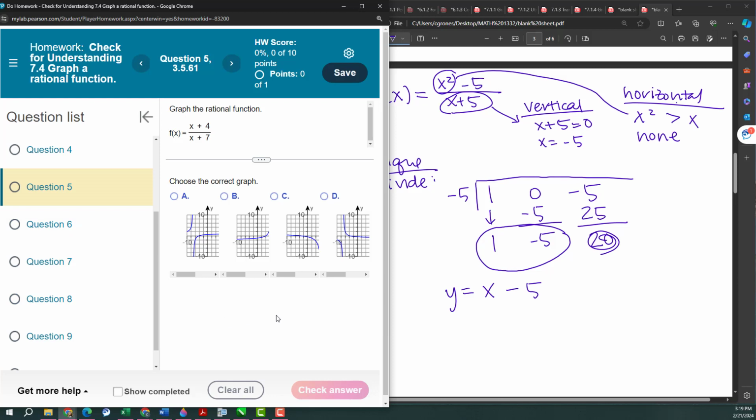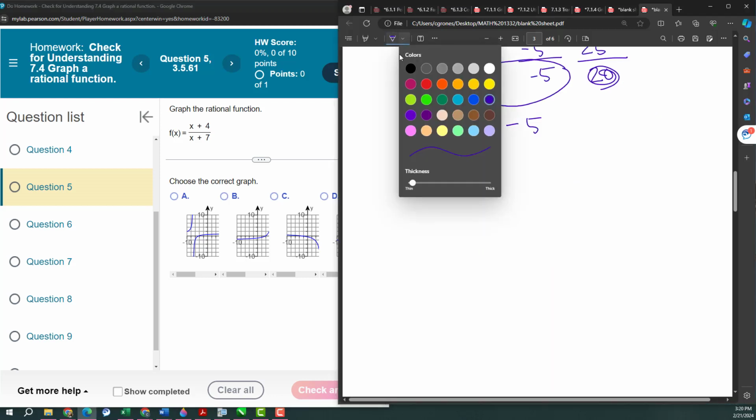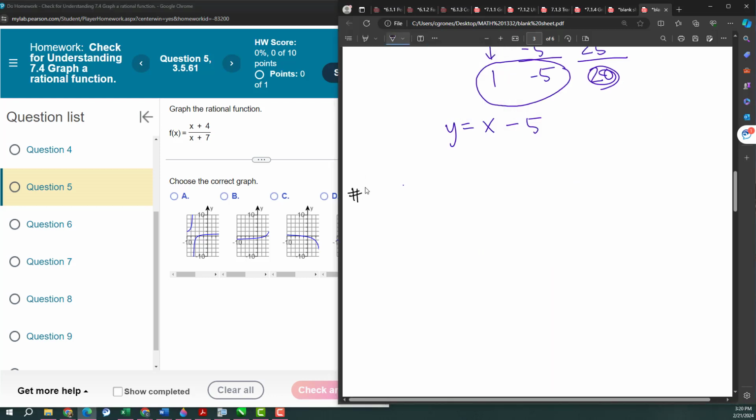It says graph the rational function f of x equals x plus 4 over x plus 7. So number 5. Graph f of x equals x plus 4 over x plus 7. So those of you that have a calculator, this is easier for you because you can just put it into the calculator and graph.